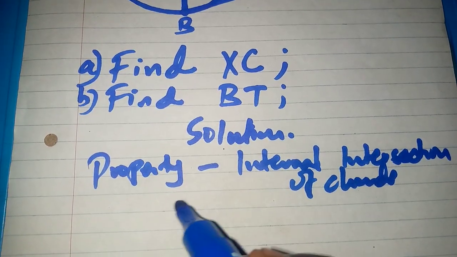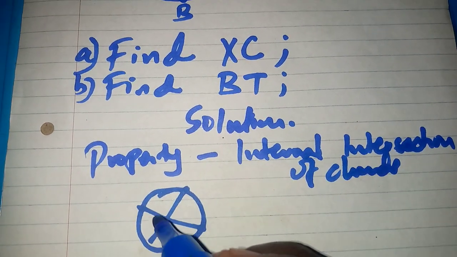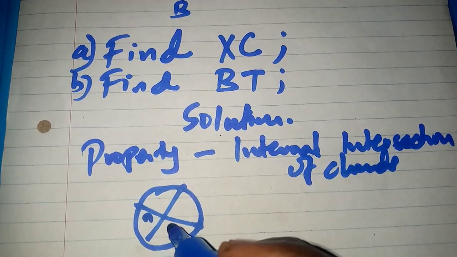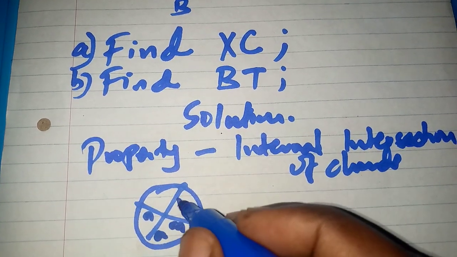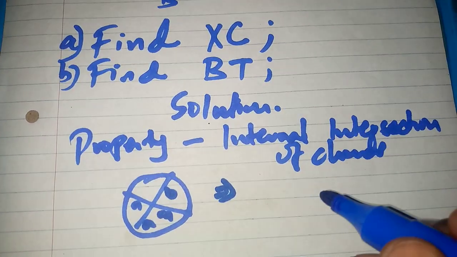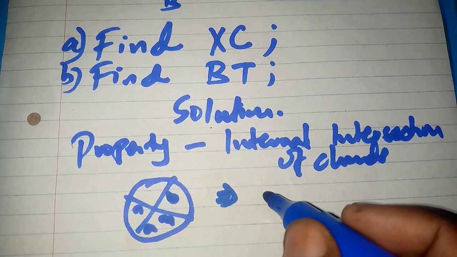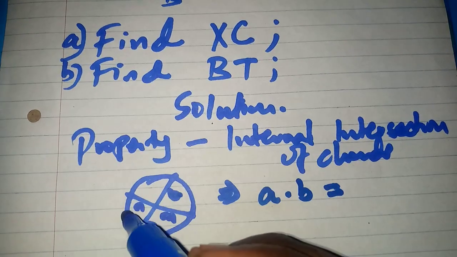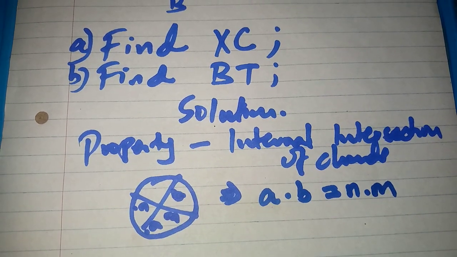So if you have two chords intersecting inside a circle, and one length I can call it n, the other one is m, the other length is a, and the other one is b, then for internal intersection of chords, if I take a multiplied by b, it should be the same as multiplying m by n, just like that.